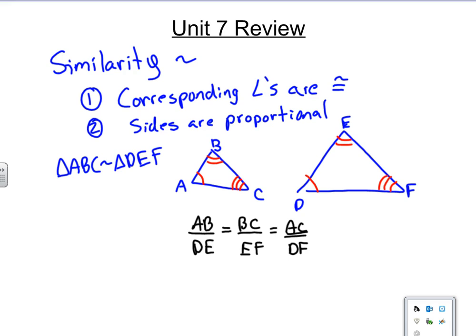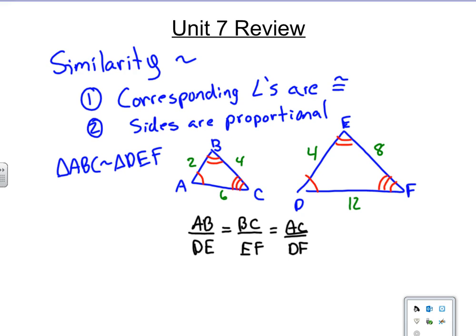If we throw some numbers in here, let's say this is 2, this is 4, and this is 6. Maybe the ratio is 1 to 2, so they're doubled, and the lengths would be 4, 8, and 12. We can use that in a number of ways. So the corresponding angles are congruent and the sides are proportional.